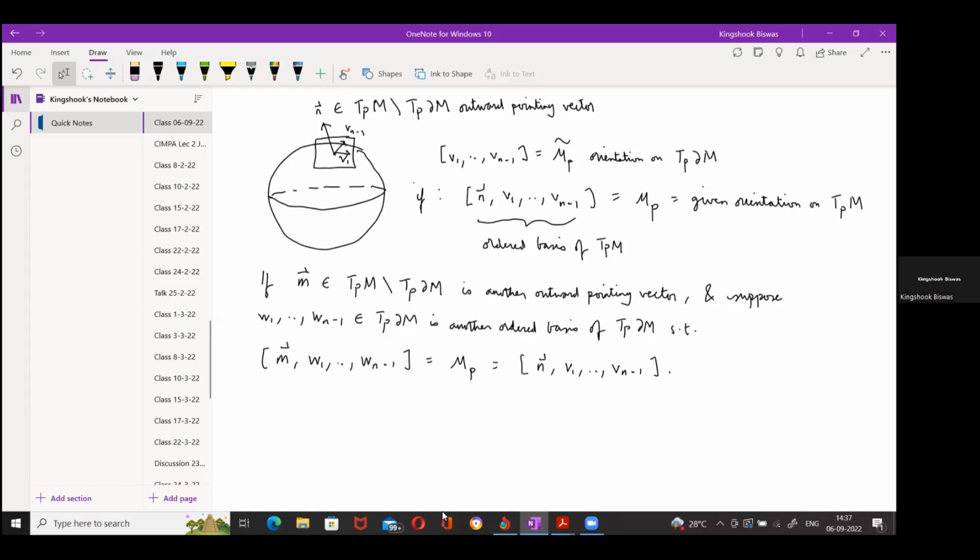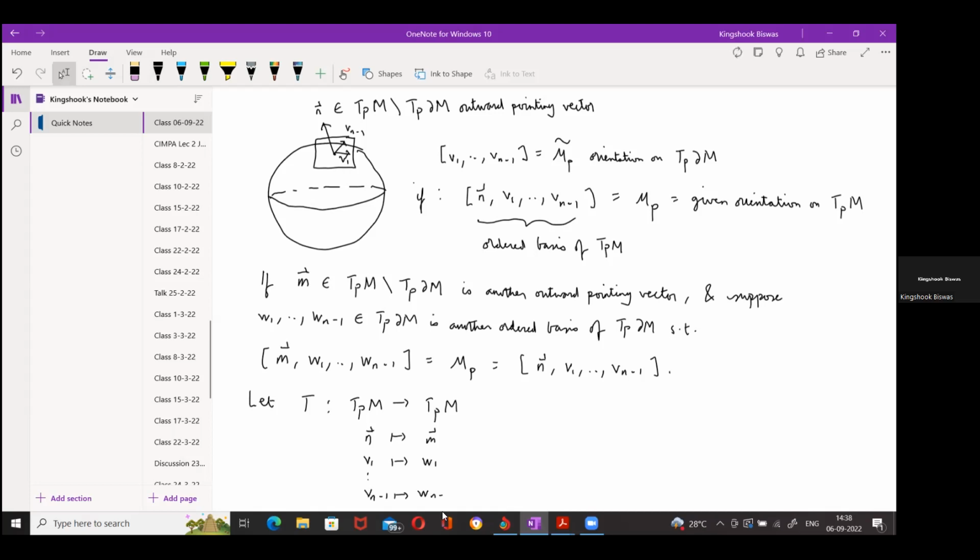All right. So then this means what? So let T be the unique linear map from TPM to TPM which sends n to m, and v1 to vn minus 1 go to w1 to wn minus 1.